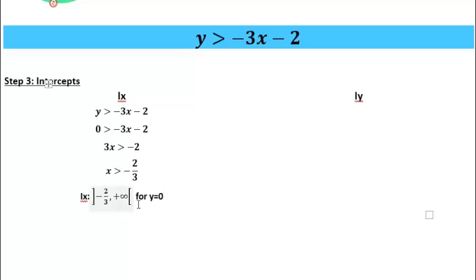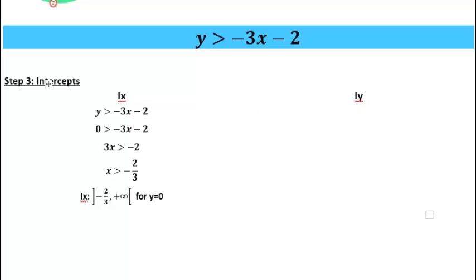So after I put the answer, I'm going to put for y equals 0, because I'm not writing them as points when I should write them as points, but it's impossible when you have infinite of them. So I specified that y equals 0, and the x's will be from negative 2/3 to positive infinity.